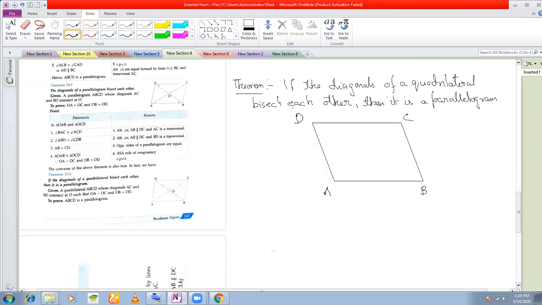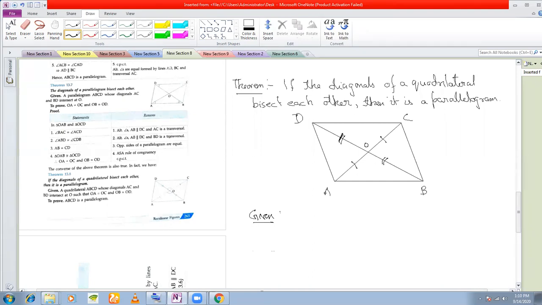Join the diagonals of this quadrilateral, and call this point of intersection O. Also it is given here that the diagonals bisect each other. That means this must be equal to this, and this must be equal to this.